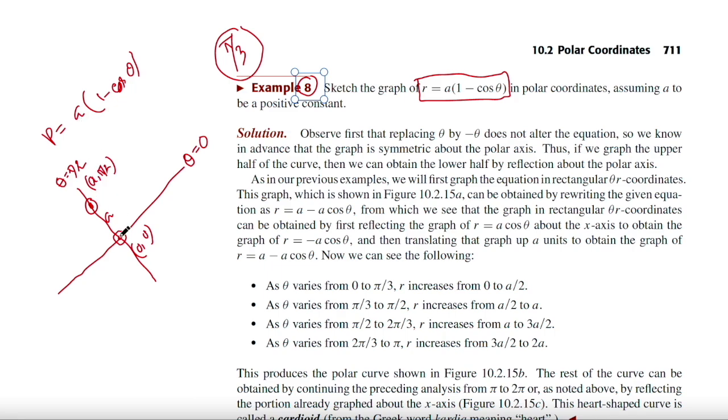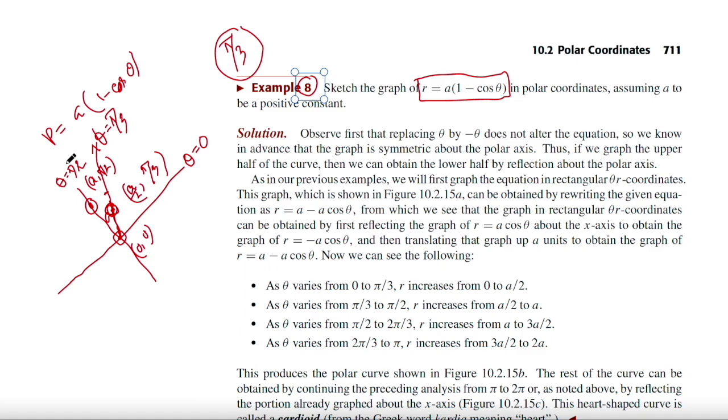So when theta equals pi by 3, which means 60 degrees, 60 will be like this. A will be like this, so half a will be here. So the coordinate of this point is (a by 2, pi by 3). Does it make sense? Yes, sir.